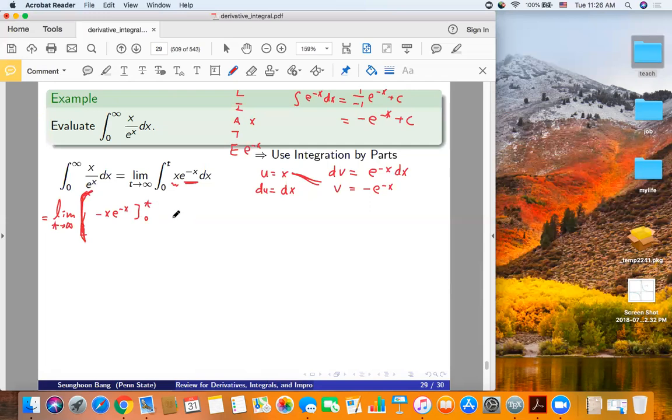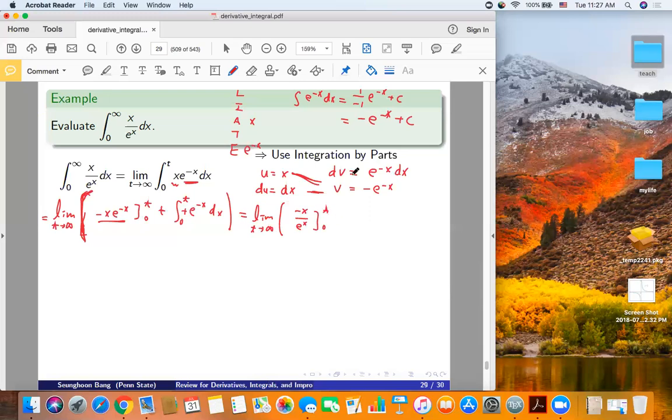Minus the integral of v times du: negative e to the minus x dx from 0 to t. So it's the same as the limit as t approaches infinity. You can change it to the positive exponent, from 0 to t. You can change this to positive.